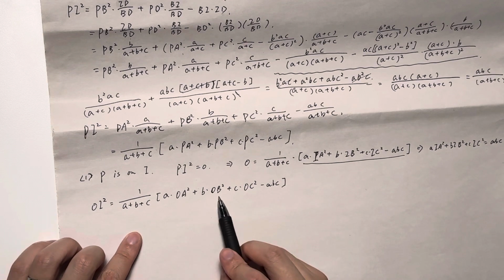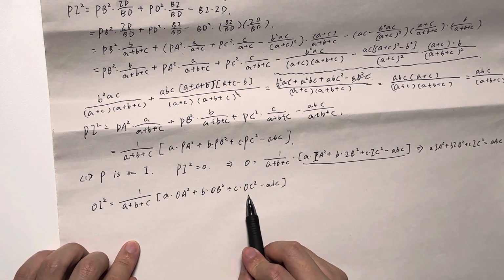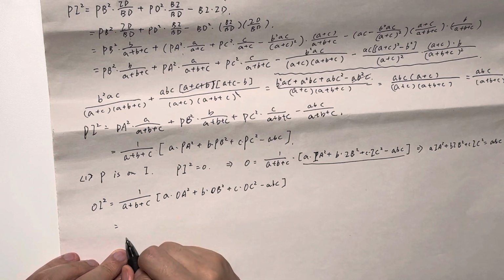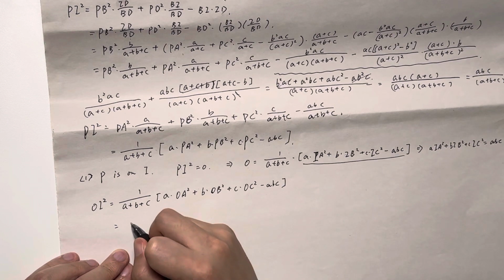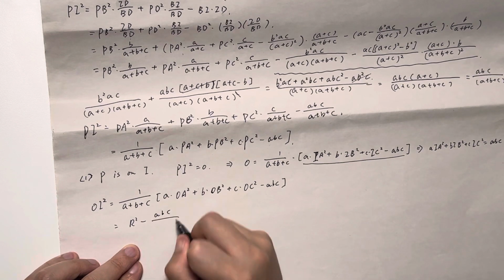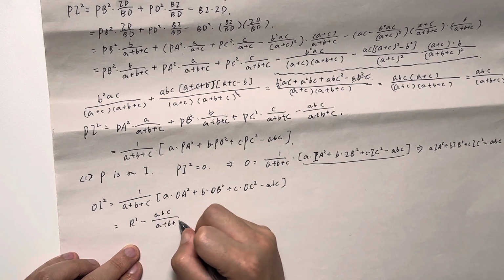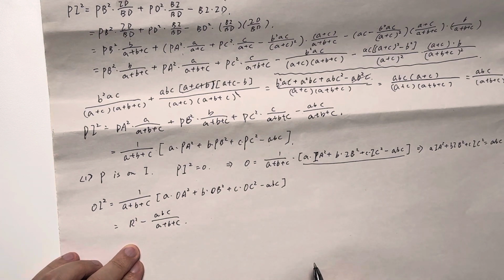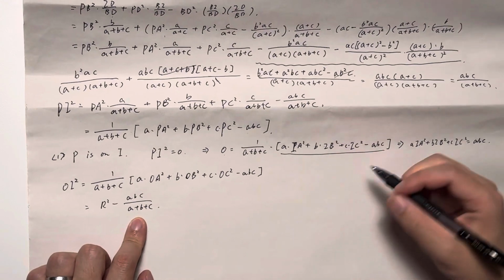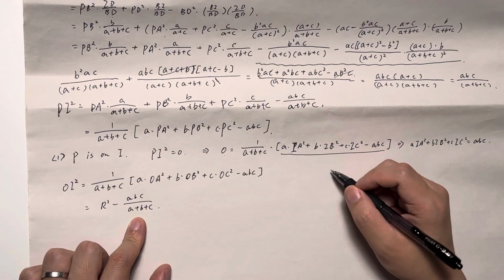Notice that OA equals OB equals OC equals R, which means this equals R squared minus ABC divided by A plus B plus C. Right. And here, let's do another thing.